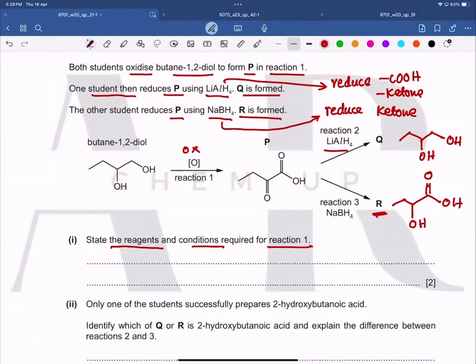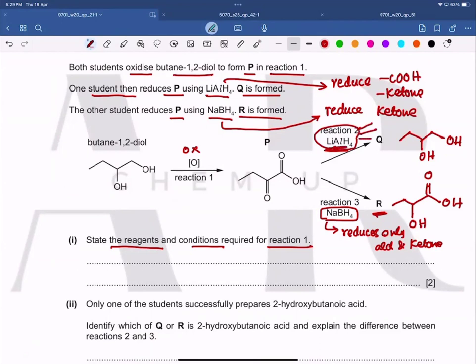See, you have to remember this thing, Lena. When we use NaBH4, it reduces only aldehyde and ketone, nothing else. But when we use LiAlH4, it reduces all the organic compounds: it reduces nitriles, carboxylic acids, aldehyde and ketone.